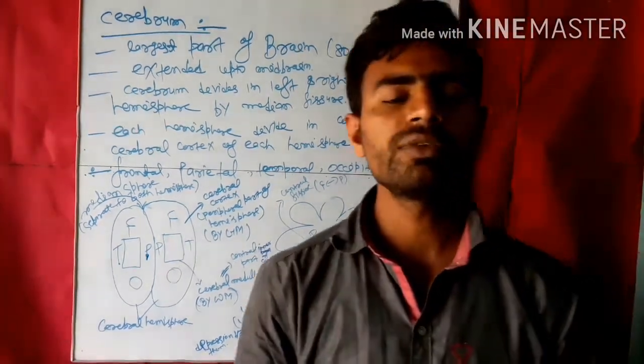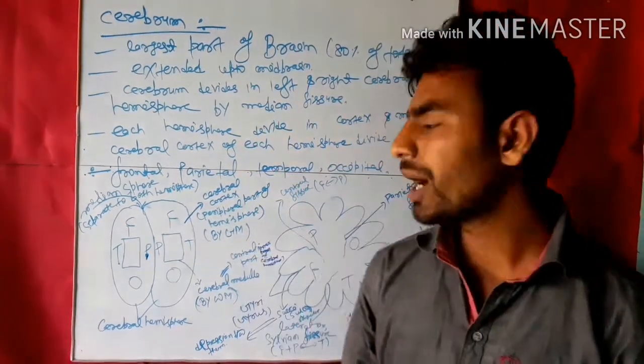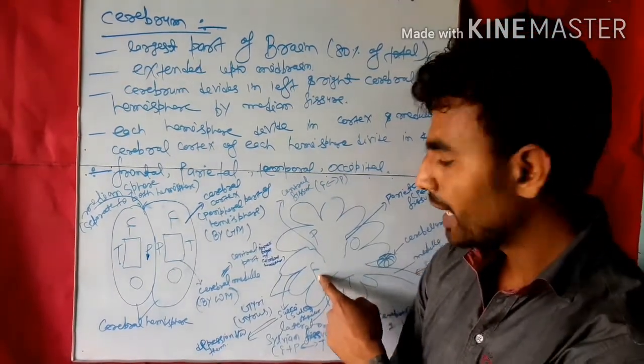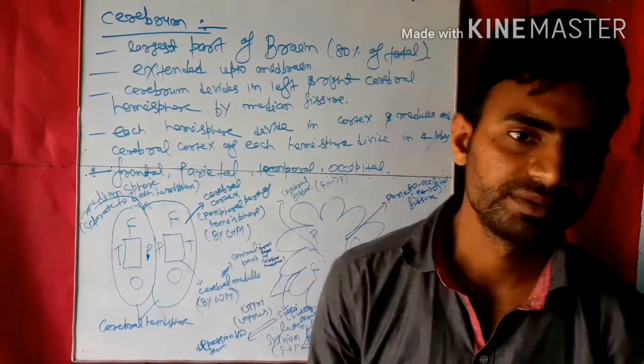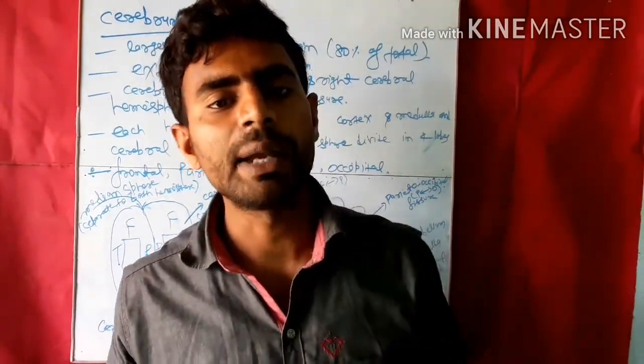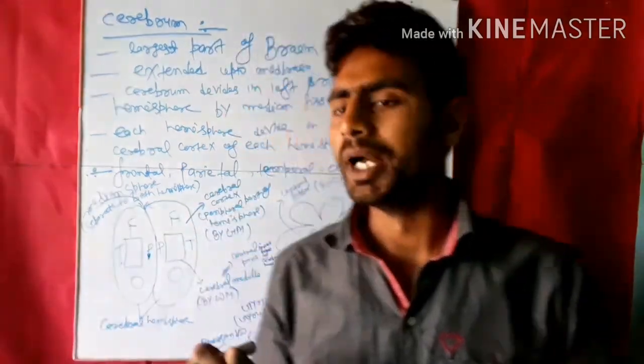This central fissure divides the frontal and parietal lobes.